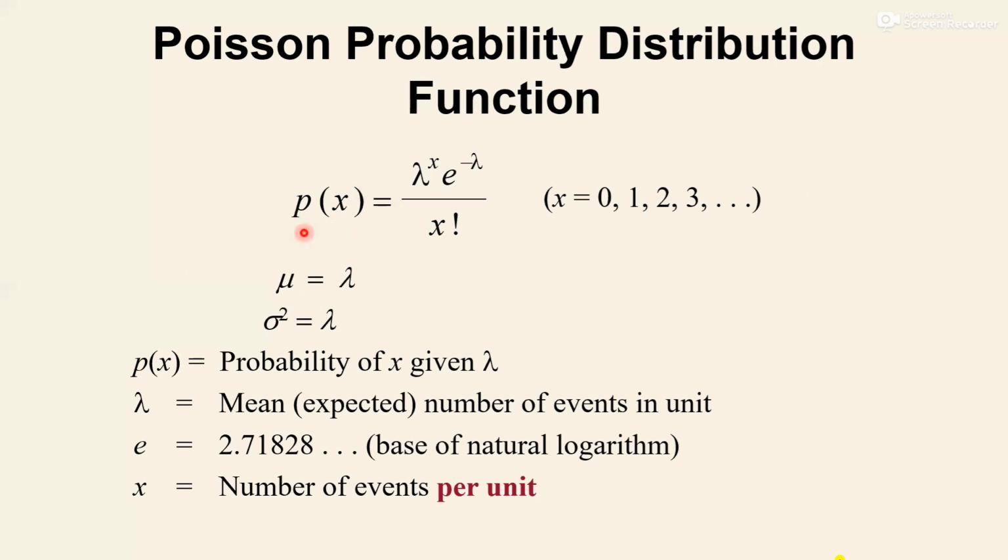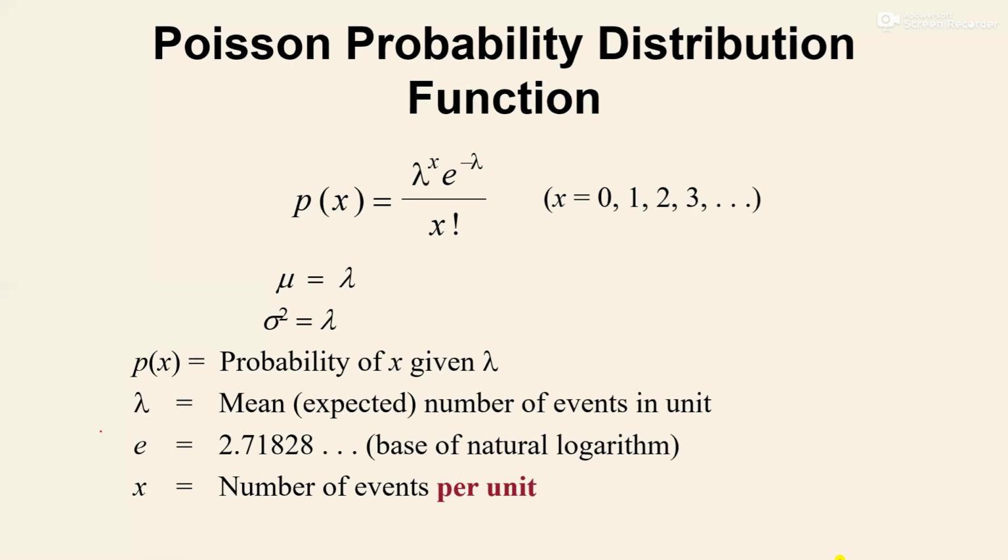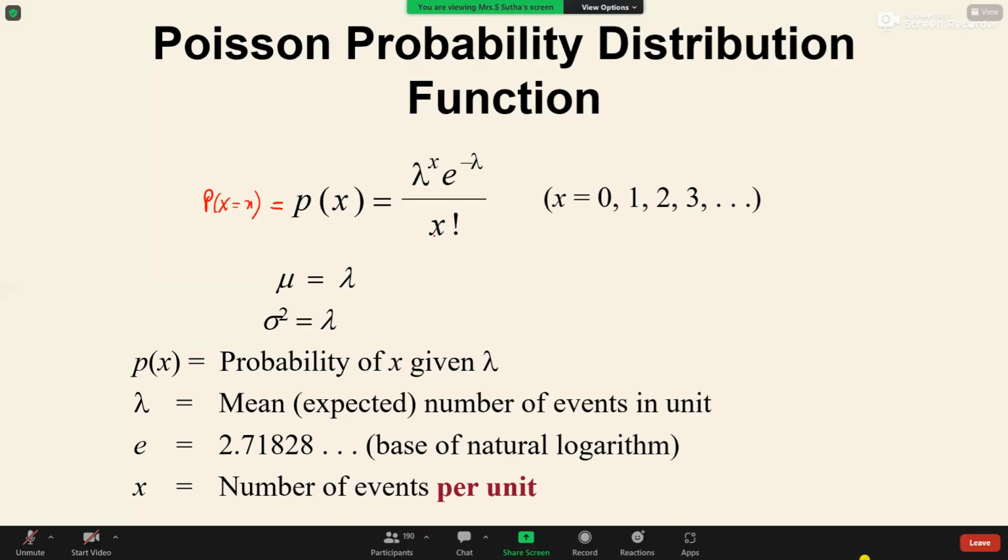Probability of X equal to x is lambda to the power x, e to the power minus lambda, divided by x factorial.